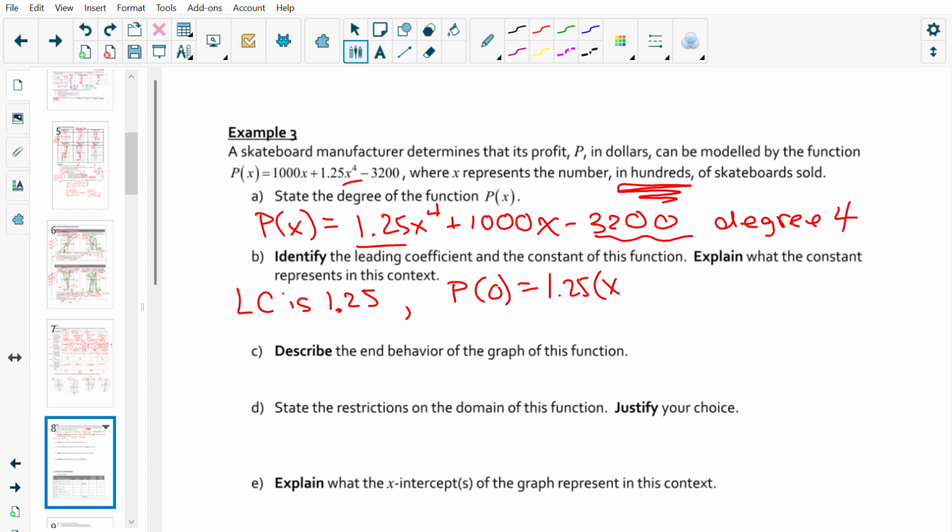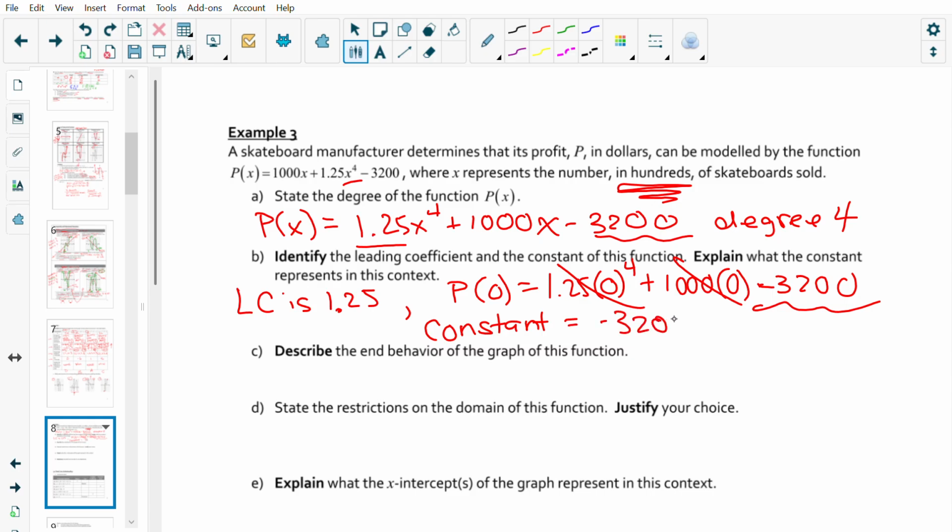It's when P of 0 equals 1.25 times 0 to the fourth plus 1000 times 0 minus 3200. Simplify all that. We'll get a constant term of negative 3200.